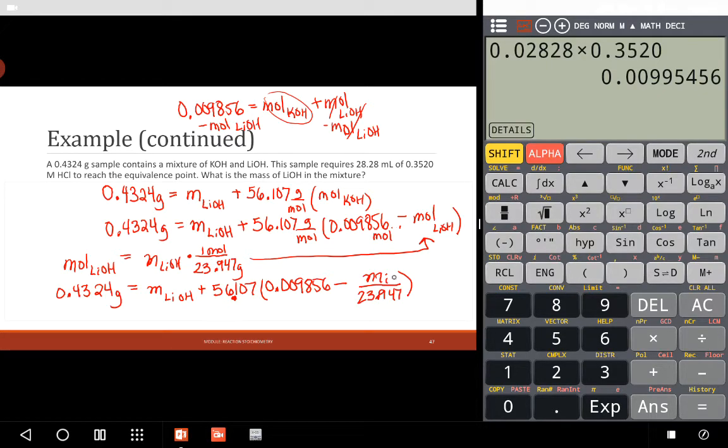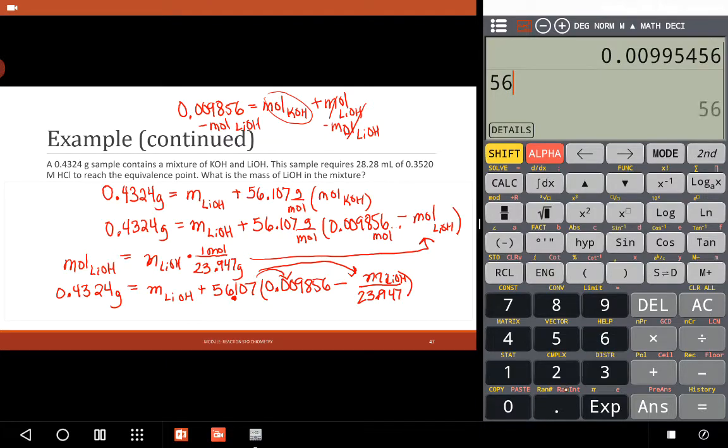Okay, so that's my mass of lithium hydroxide. So now I need to distribute this out. And so we have 56.107 times my value that I stored.